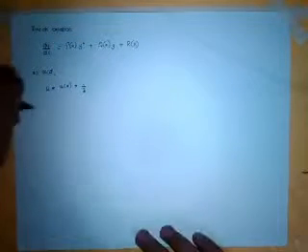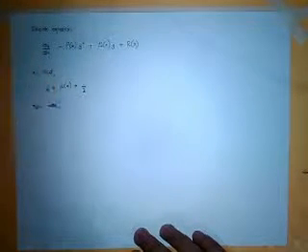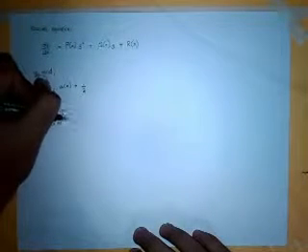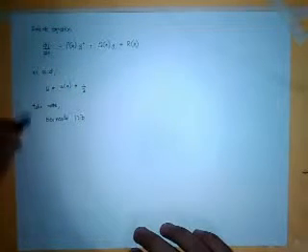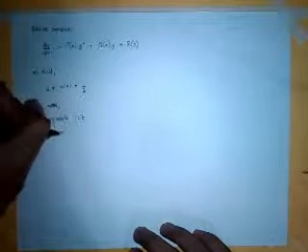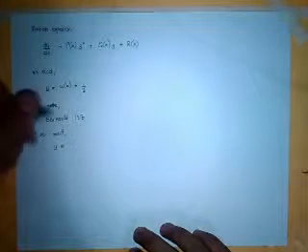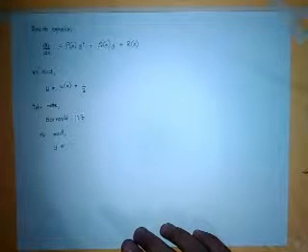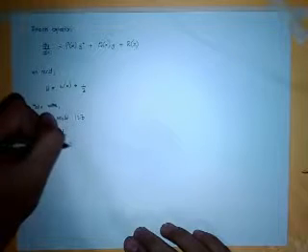Now, take note, this idea comes from the Bernoulli differential equation. In the Bernoulli differential equation, we need the substitution y to the power 1 minus n is equal to z. That's right.